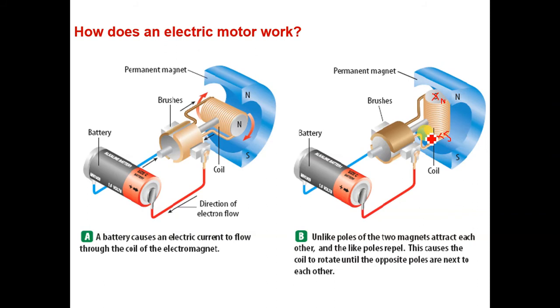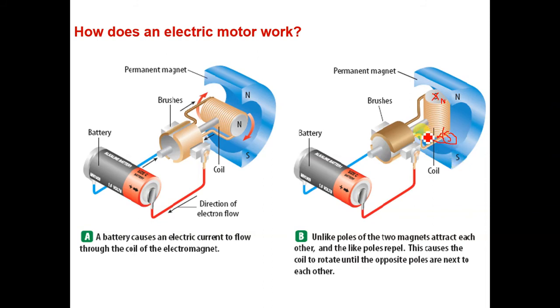Okay, when the direction of current that passes through this electromagnet changes, the poles also will reverse. So here suddenly, the one that was the north pole becomes what? South pole. And south and south repel, they don't attract.